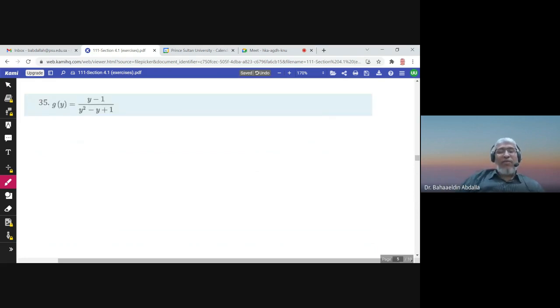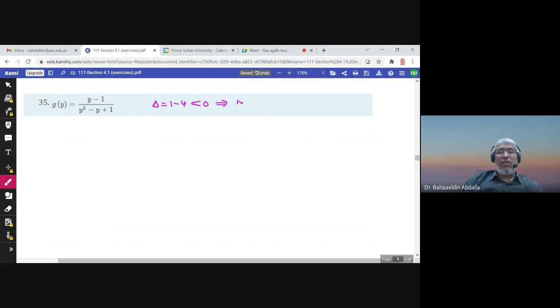Okay, here I have a quotient, and let me find the domain first. Well, if you look to the denominator y squared minus y plus 1, if you find the discriminant again, and let me denote the discriminant by this. So b squared is 1 minus 4 times a times c times 1. So it's -3, again less than 0.